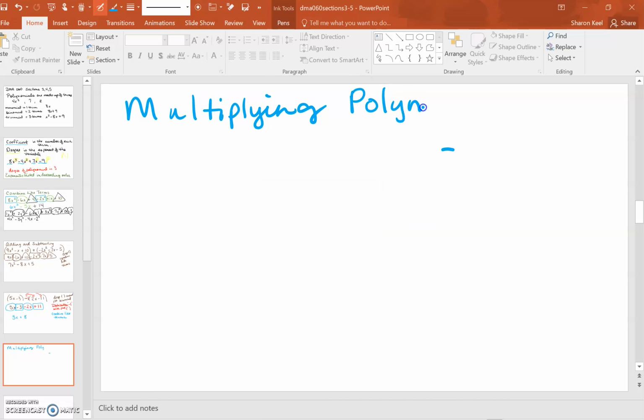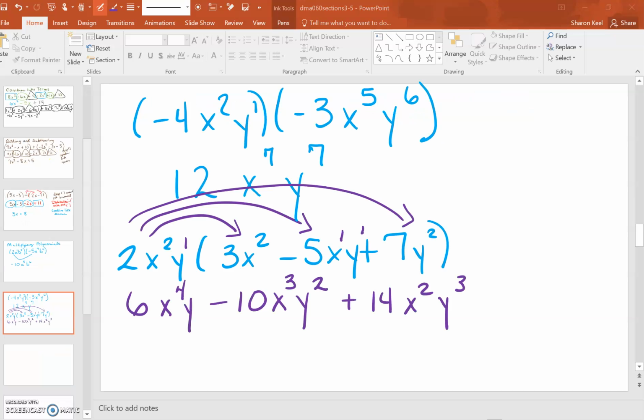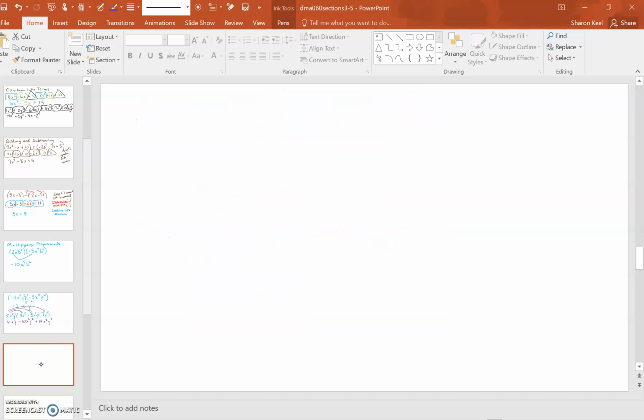So when you're multiplying polynomials, the thing you have to pay attention to with these, so at this point, when we are looking at multiple terms, let me do a 2 times 3 term, and then I'll show you what we can do with binomials.